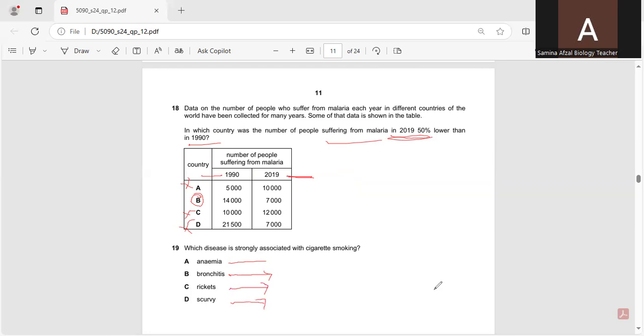Scurvy is due to the lack of vitamin C. So which option can be correct? Only B is the correct option, which is the inflammation of the lungs. It is caused because of cigarette smoking.